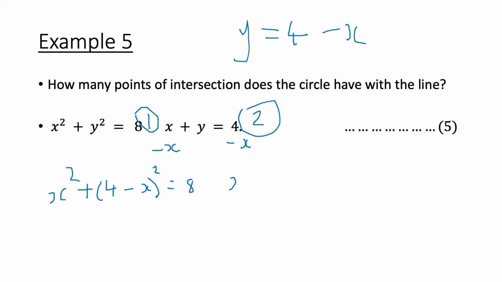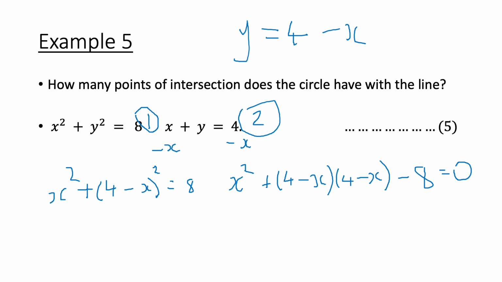So this is going to be x squared plus 4 minus x and 4 minus x. Okay, and then I'm going to bring the minus 8 over to the left-hand side, so make it equal to 0, because quadratic equations have to always equal 0 when I solve them.